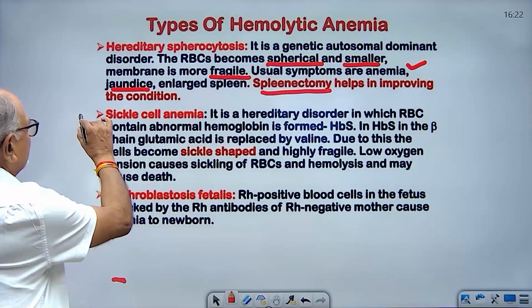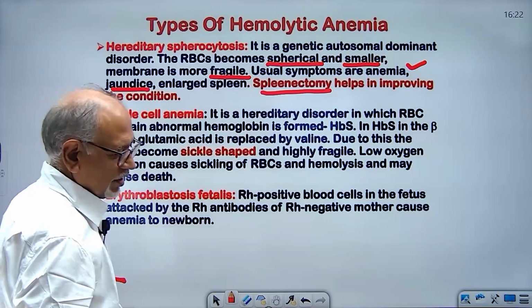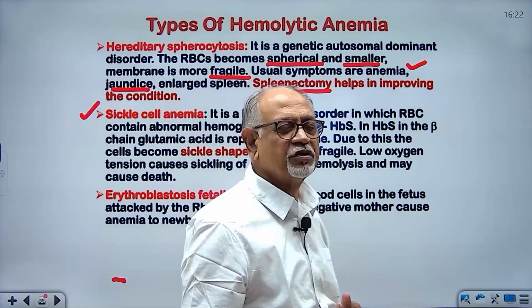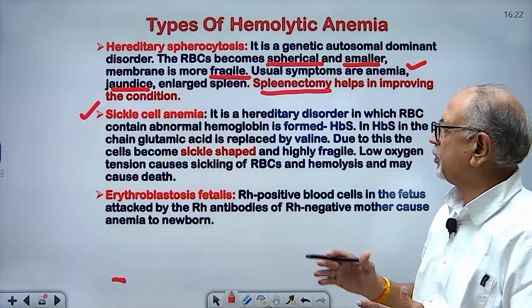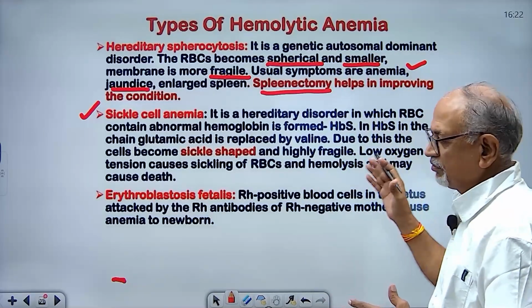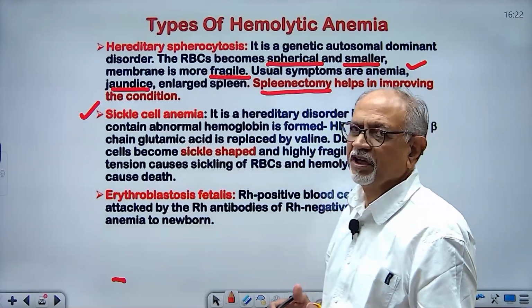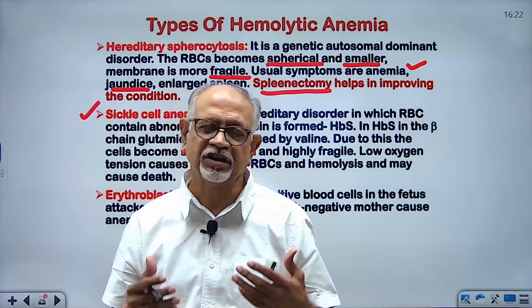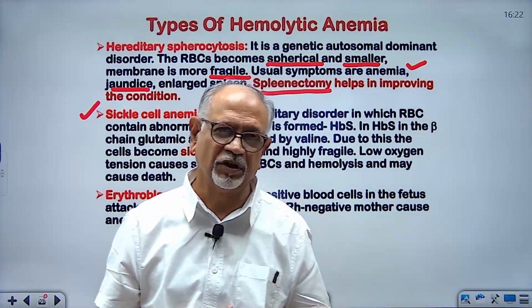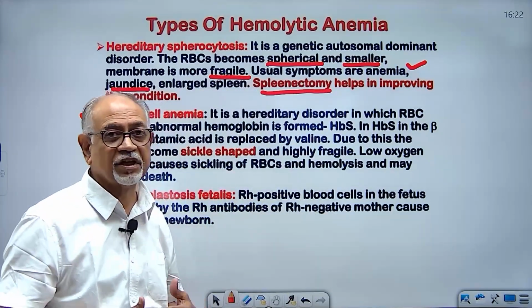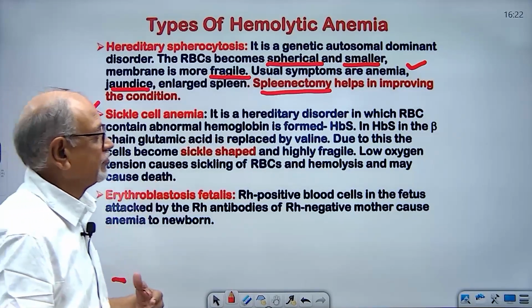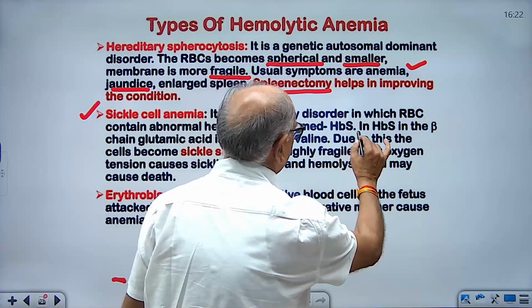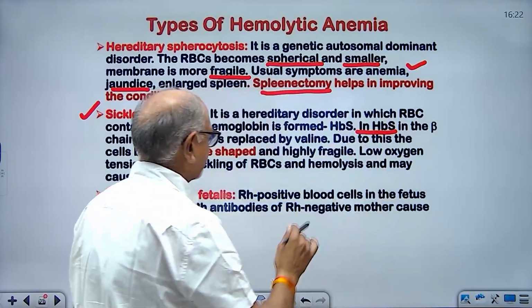Second one is sickle cell anemia. As we have already discussed, that due to this hereditary disease, there is a point mutation in case of beta chain of hemoglobin. Glutamic acid is replaced by valine. Such defective hemoglobin is called as HBS.